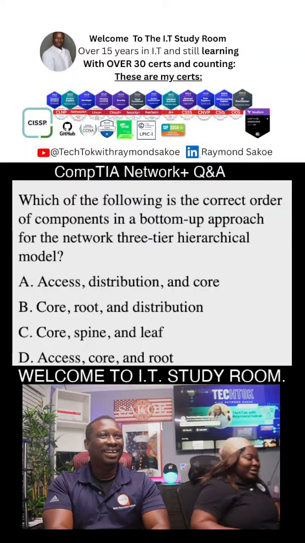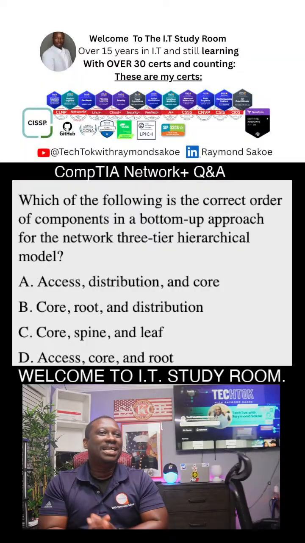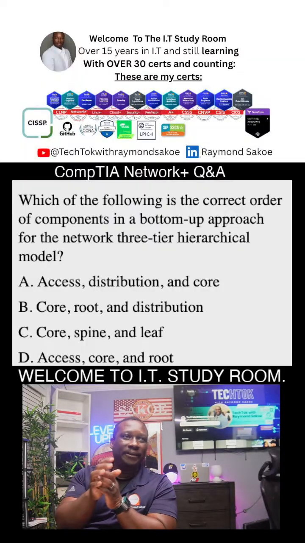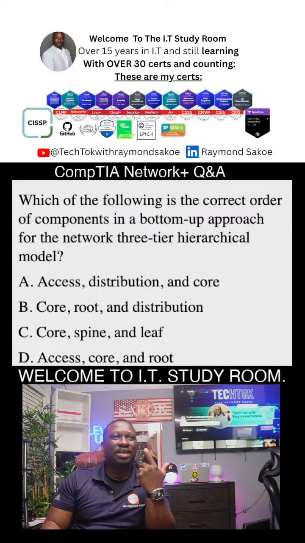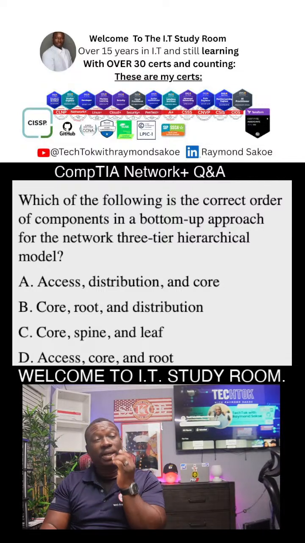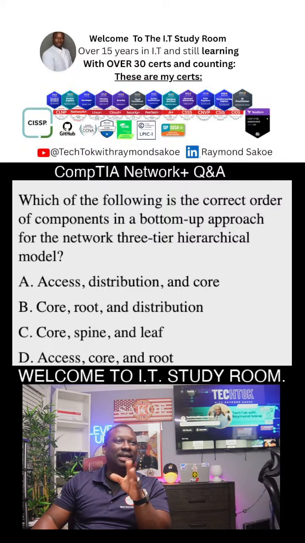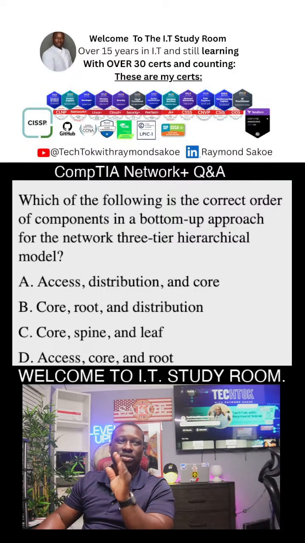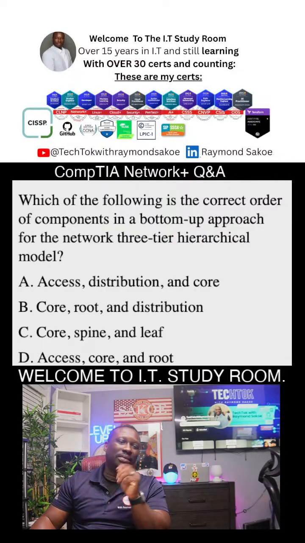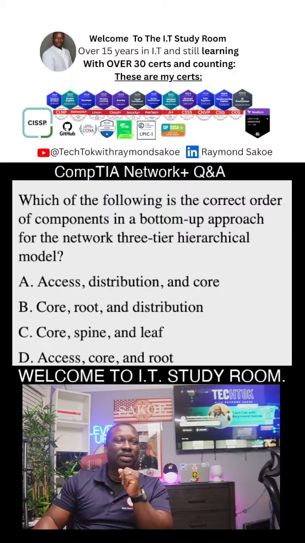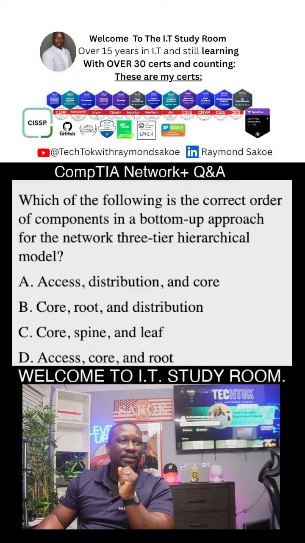The answer would be the A, the access, distribution, and core. So as I mentioned, I learned this from Cisco CCNA specifically. So I'm not too sure if Cisco is the one that brought this type of hierarchy, but yeah.